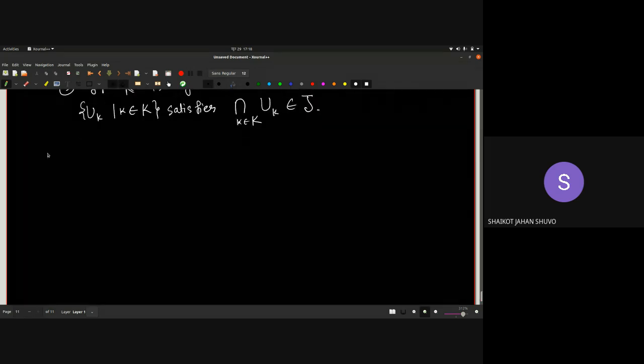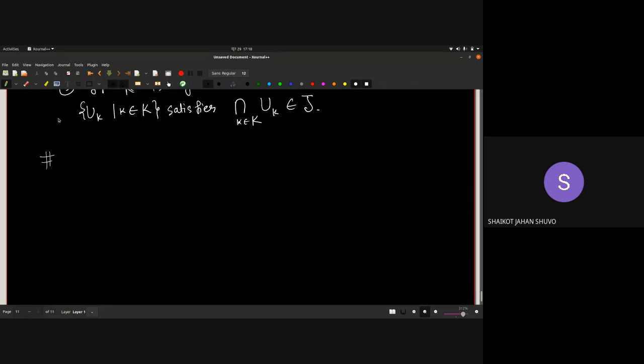So if I summarize these three very crude points, I have some set X. Inside X, I can have some open sets that are denoted by U1, U2, U3, U4, and so on.